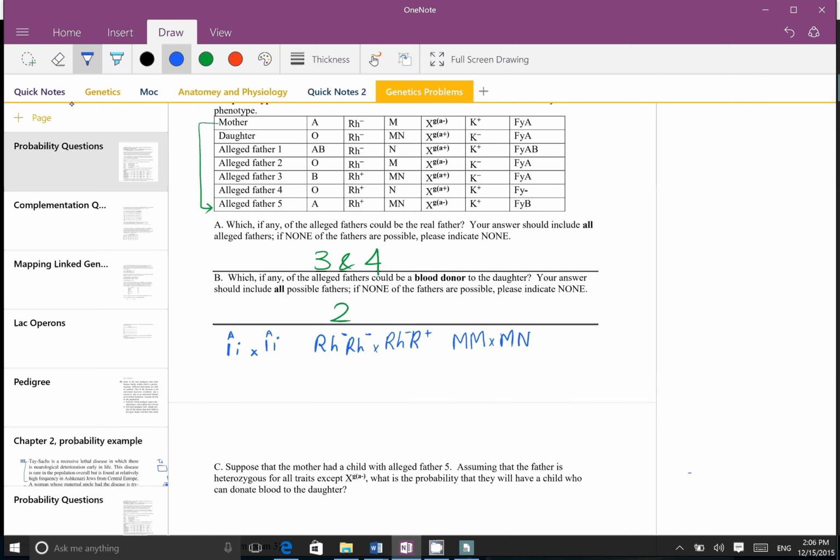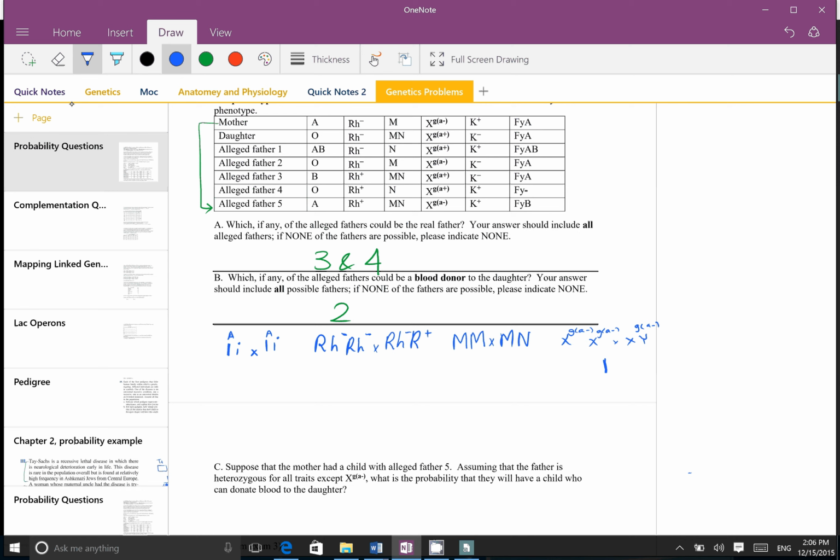And in terms of the X-linked gene, I'll just do this one really fast. I'll give you the ratio for this one.